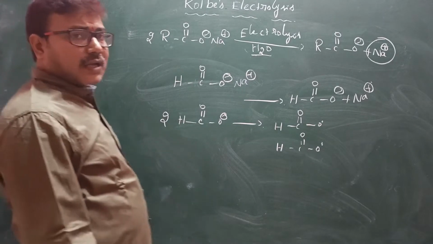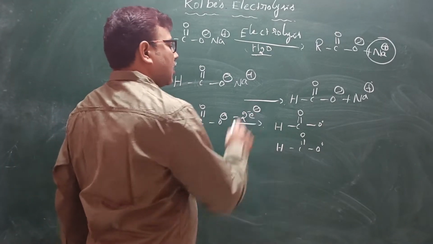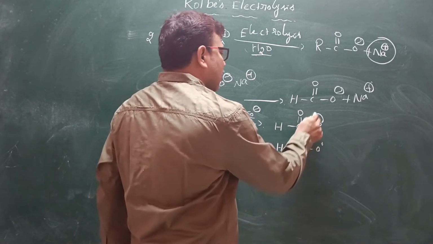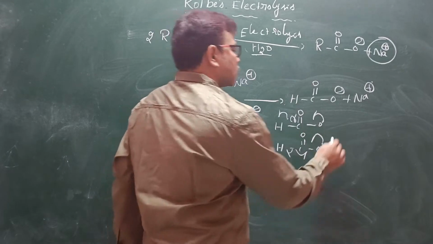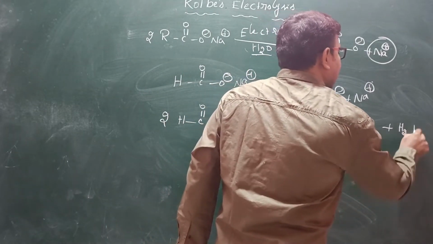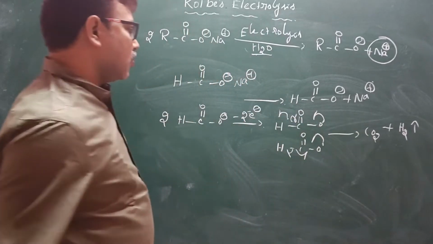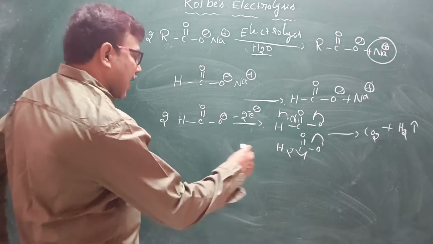Now here it involves homolytic cleavage. So CO2 gas is liberated at the anode, and hydrogen gas is also liberated at the anode.